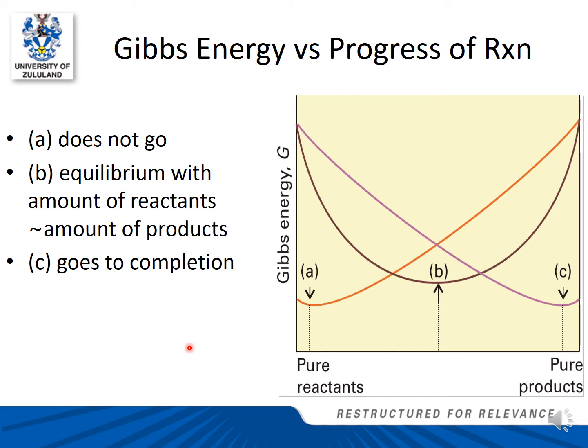When we look at graph A, we start with the pure reactants, and with an increase in the progress of reaction, you can see that this graph continues increasing up to infinity. In other words, we say that this kind of reaction does not necessarily go to completion unless you stop the reaction.